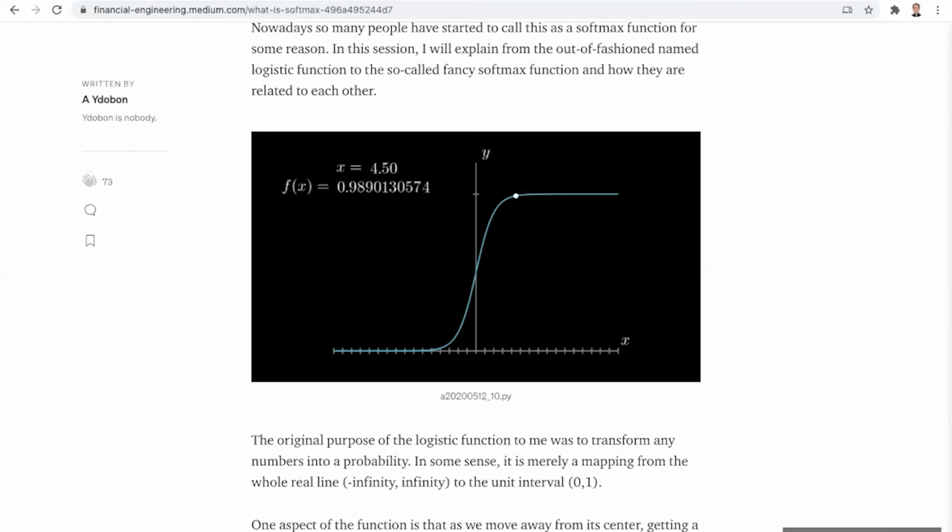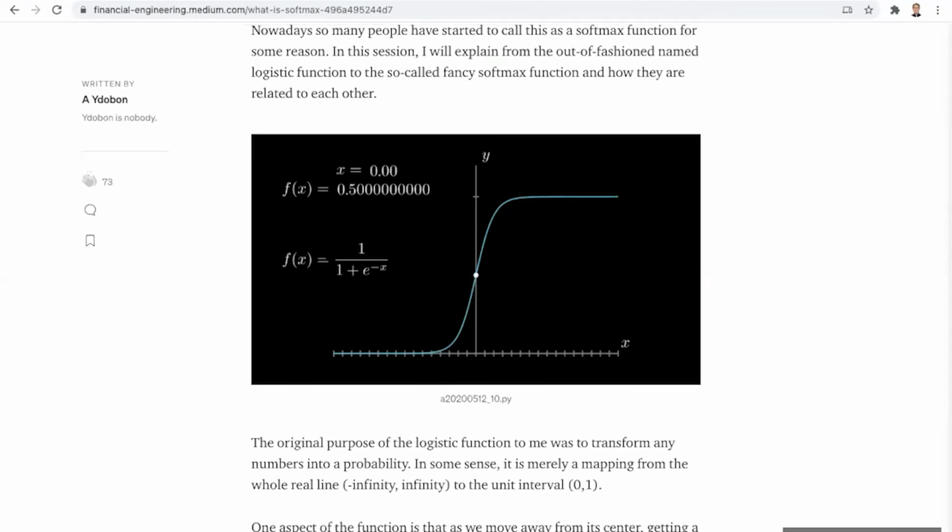As you can see, x can take any value from negative infinity to positive infinity, but the actual outcome is always between 0 and 1. This is the role of the sigmoid function, the logistic function. Any number you put inside this function, you will get a number between 0 and 1, so we can interpret it as a probability.